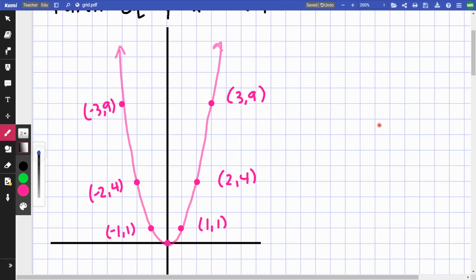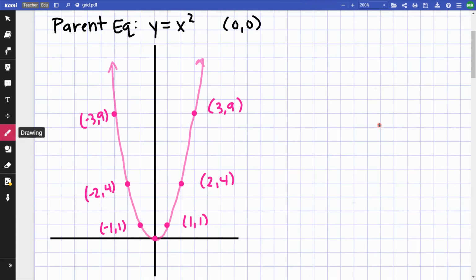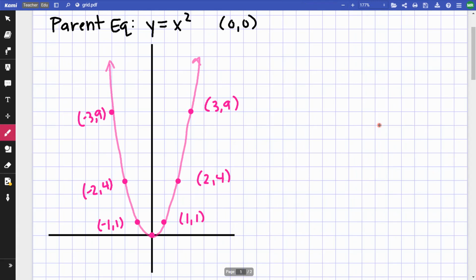Now I'm going to write our general equation of a parabola here on the side, and if you need to write it below, that's okay. Our general equation is y equals a times x minus h squared plus k.